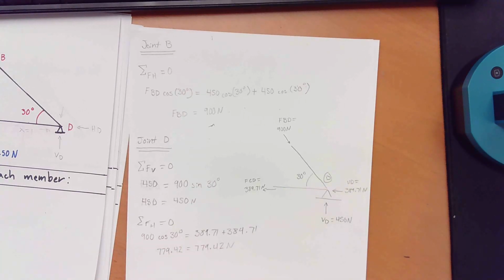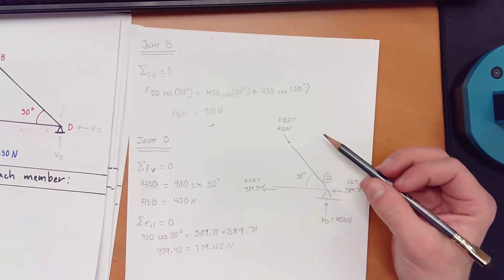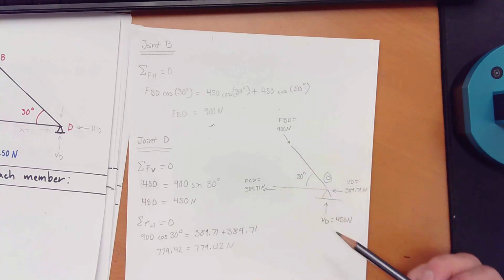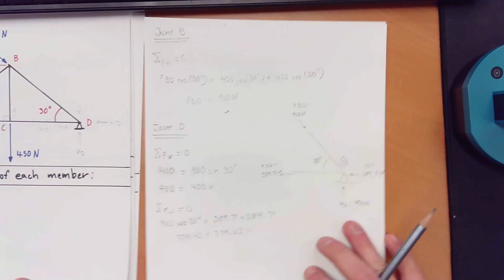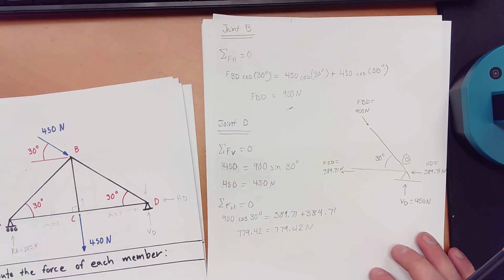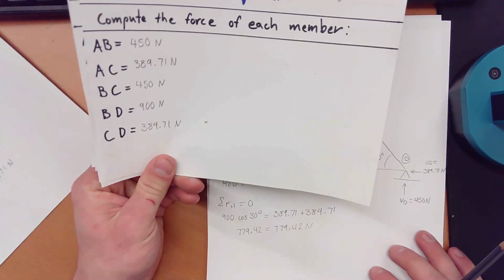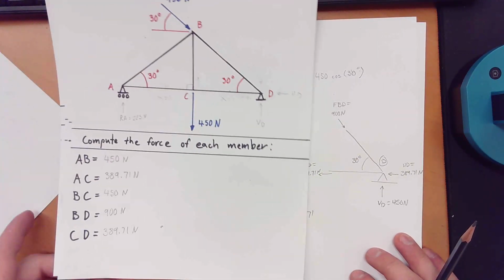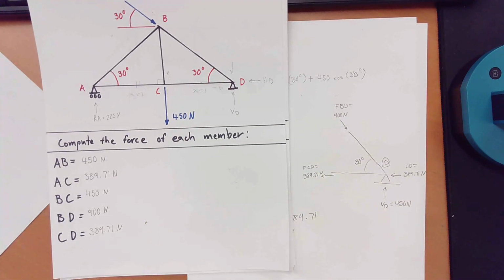Beautiful. This also helps us recognize, when we are working things out, what direction things are pushing in, so that we know whether to write things in tension or compression. Because that is the one thing we're missing from our results. I just put in the raw numbers, but we didn't actually say which ones are in tension and which are in compression. Which way are they pushing?